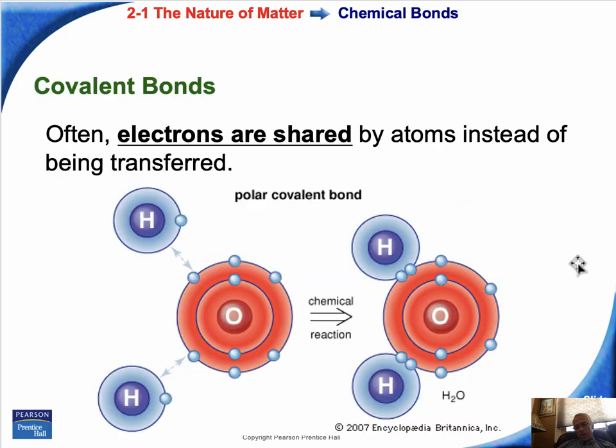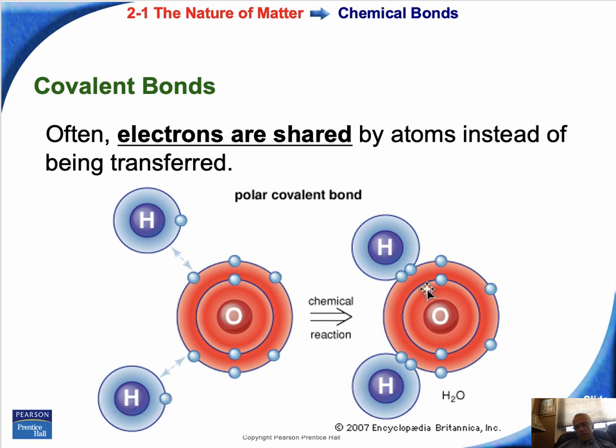So back to our water molecule and a covalent bond. This is when atoms are sharing electrons. And here you see before the sharing takes place, each of the hydrogen atoms has its single electron. Hydrogen is element number 1, 1 proton, 1 electron.